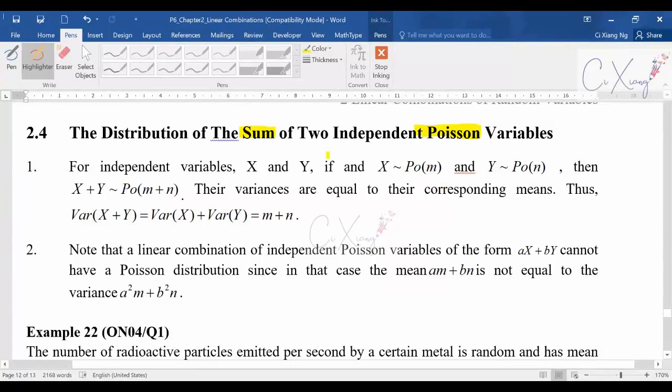As an example, you might have X Poisson distributed and Y is also Poisson distributed, and both of them might have different means.